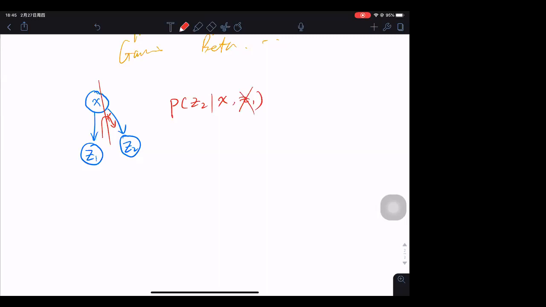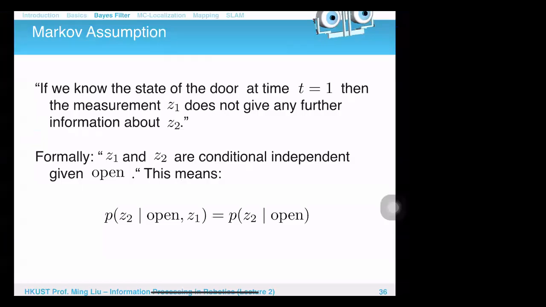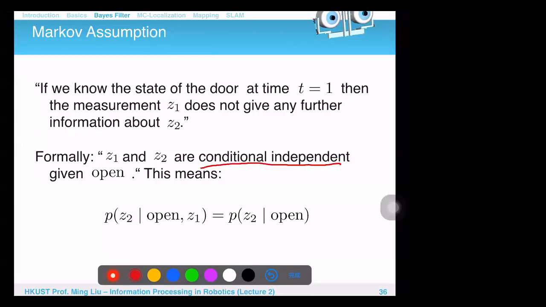You know the state already. You don't care what other sensors say, you only care about the real state of the door. Based on that, you can already have the reading of Z2, and these should be equal. In mathematical terms, it's exactly the definition of conditional independence. So Z1 and Z2 are conditionally independent given the state open.